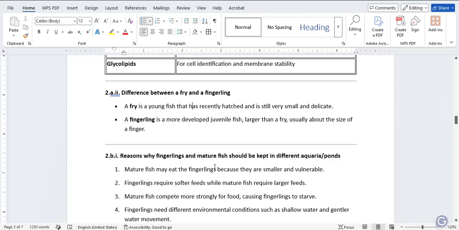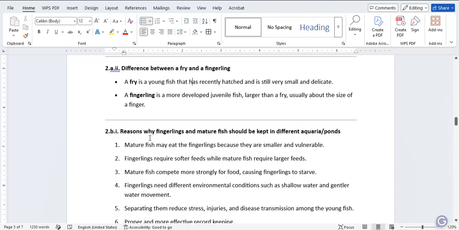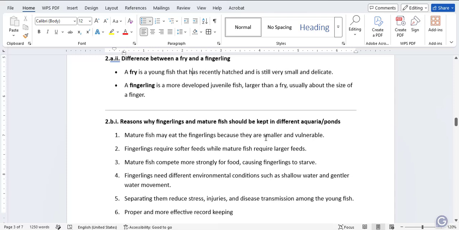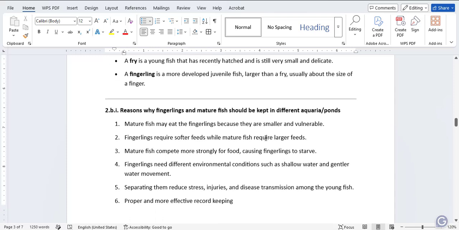So B, I: Reasons why fingerlings and mature fish should be kept in different aquaria or ponds. Mature fish may eat the fingerlings because they are smaller and vulnerable. We also write that fingerlings require softer feed, while mature fish require larger feed.